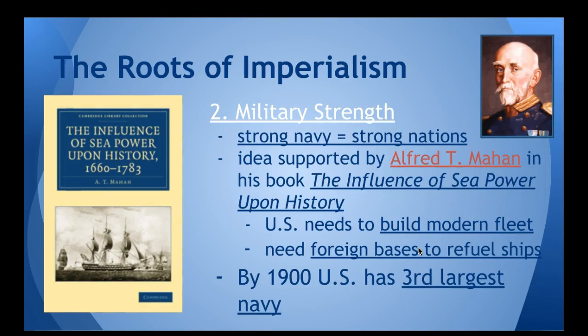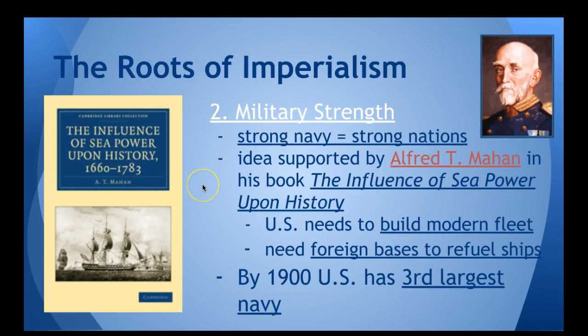Second is military strength. There was a thought in the late 1800s that a strong navy equaled a strong nation. And Alfred Thayer Mahan put forth this theory in his book, The Influence of Sea Power Upon History, which we see over here, focused on these years.